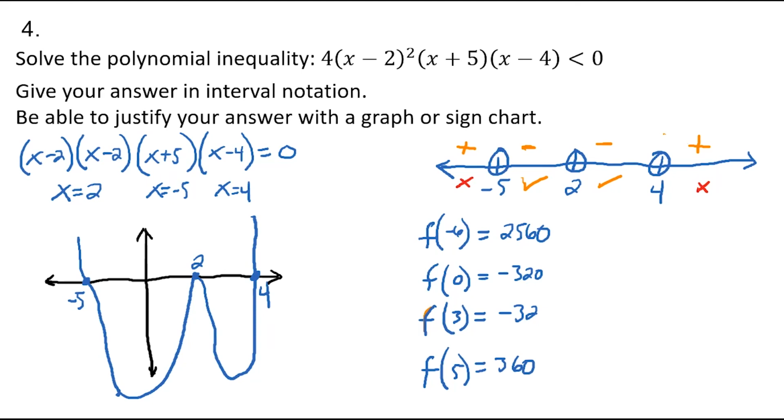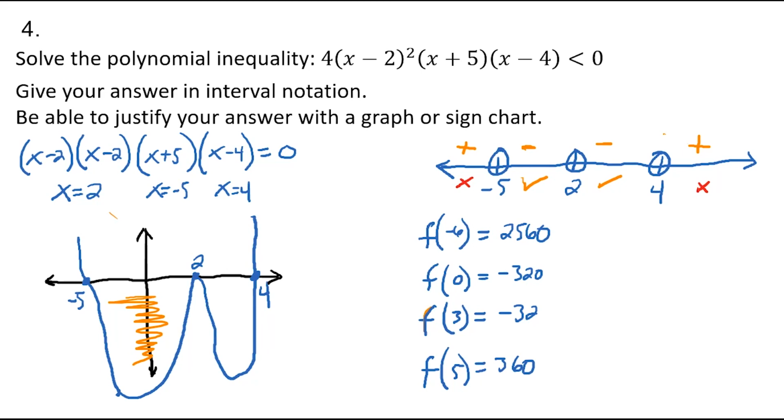So remember, we want all of the values that are strictly less than 0. You can see that this whole section here, that's -5 up to +2. That's what we got over here with our sign chart.